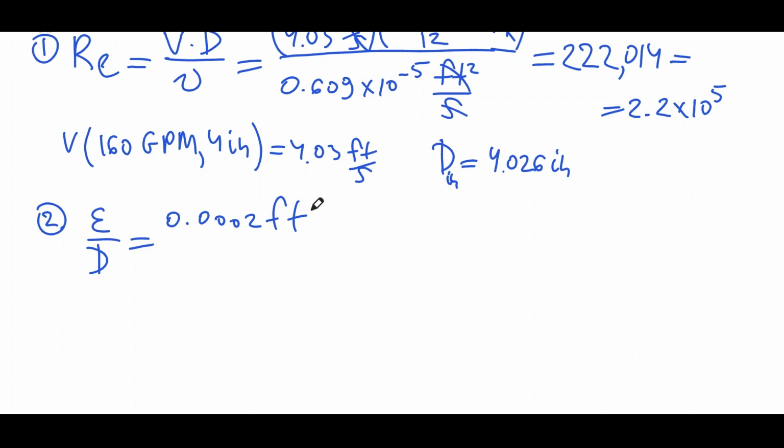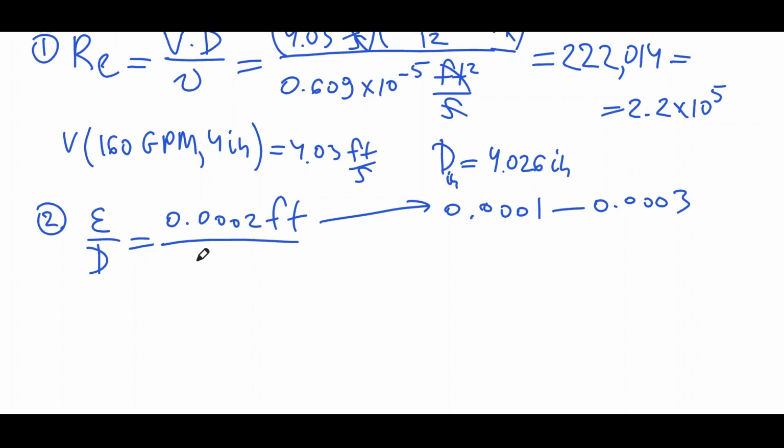If you look at the table for galvanized iron or commercial steel, you'll see that this value usually ranges between 0.001 to about 0.0003. So we kind of pick the middle ground for this.